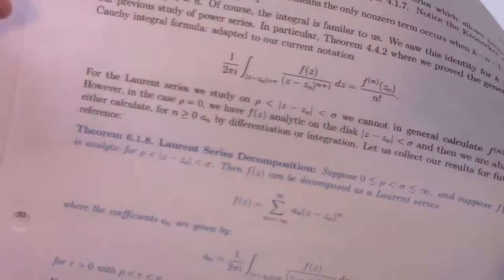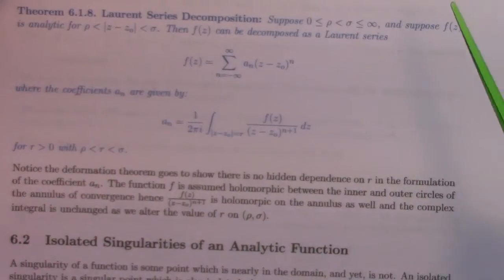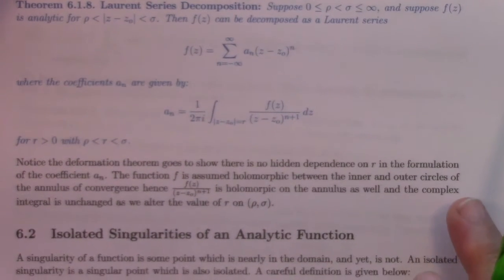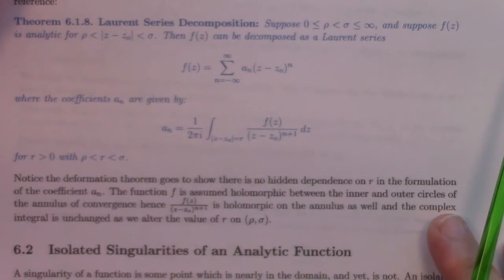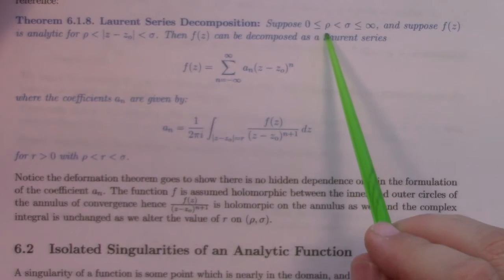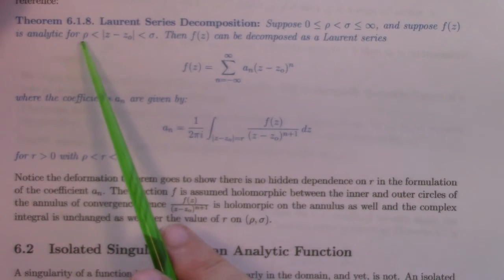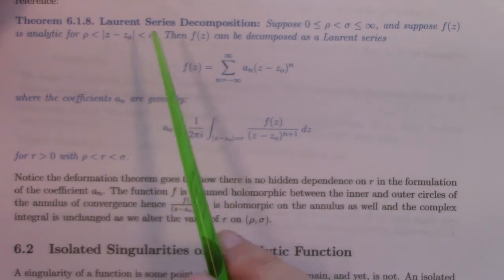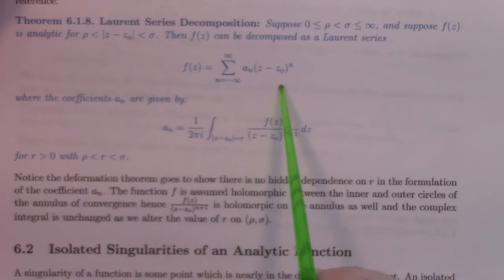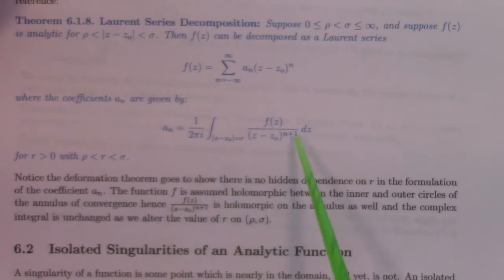All right, so anyway, to summarize what has happened so far, we have this Laurent series decomposition theorem. For 0 less than or equal to rho, less than or equal to sigma, less than or equal to infinity, if we have that the function's analytic on this annulus centered at z naught, then we can decompose f into a Laurent series like so, where the coefficients are given by these integrals.